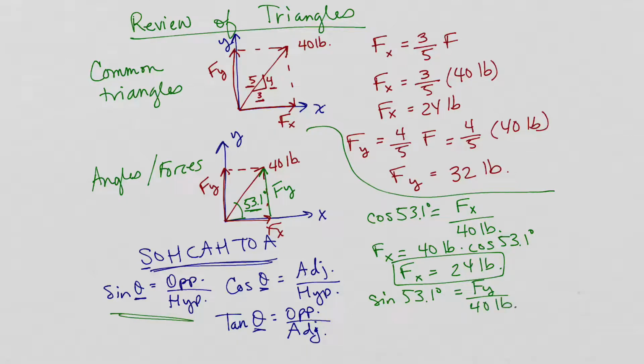So now the magnitude of Fy equals 40 pounds times the sine of 53.1, and that comes to 32 pounds. As you get used to doing these, you'll just go straight to F of x equals 40 times cosine of that 53.1 angle. But for now, it might be easier just to write it out this way.